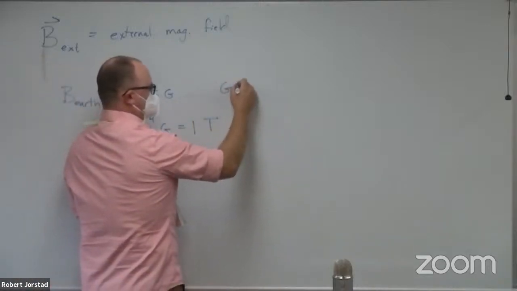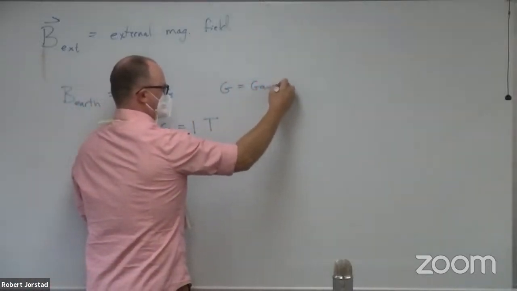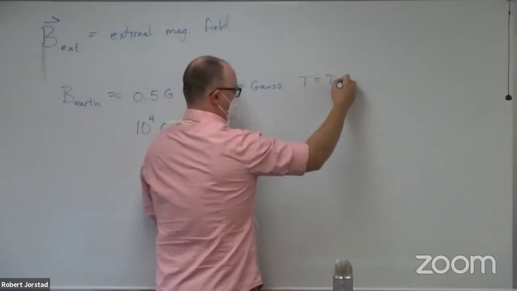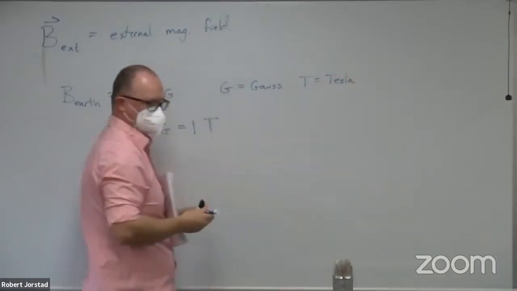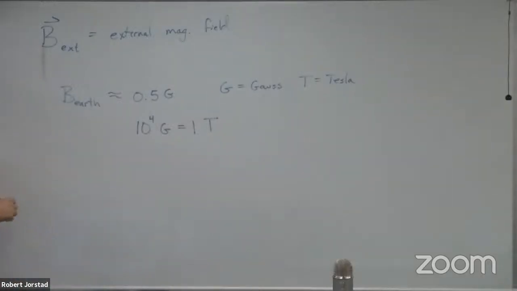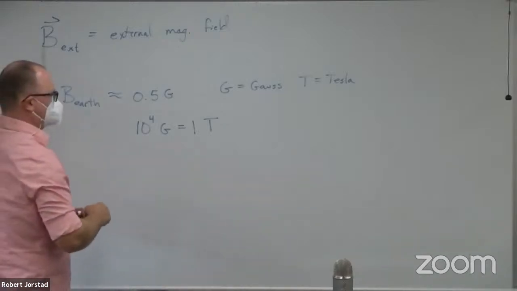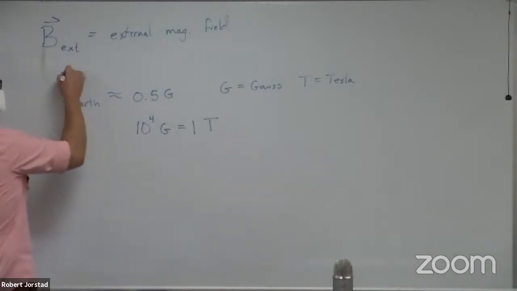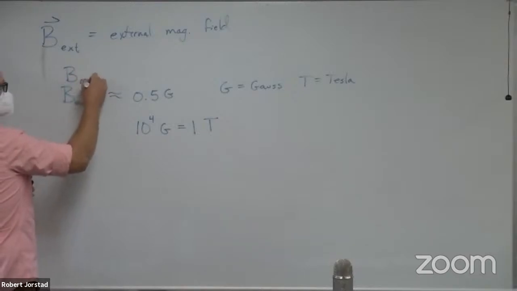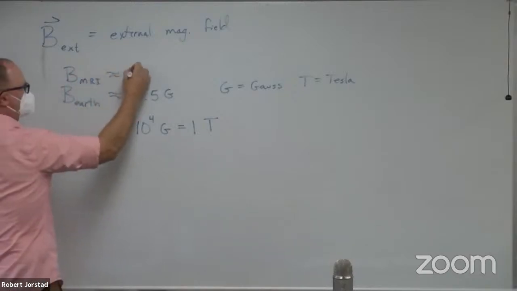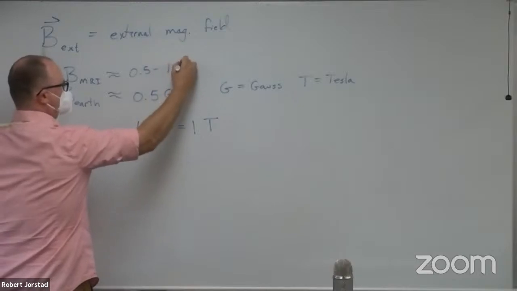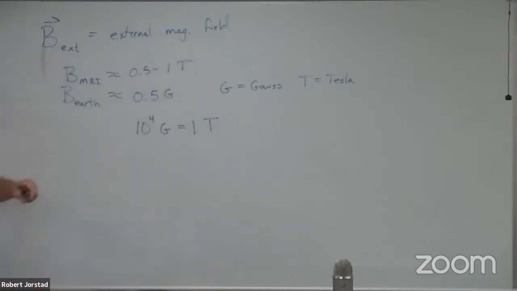So the units are going to be Gauss or Tesla for magnetic field, just so you know. Tesla like the car company or like the Nikola. Now for reference, the B field used in an MRI machine could be anywhere from 0.5 to 1 Tesla, 10,000 times bigger than the Earth's magnetic field.